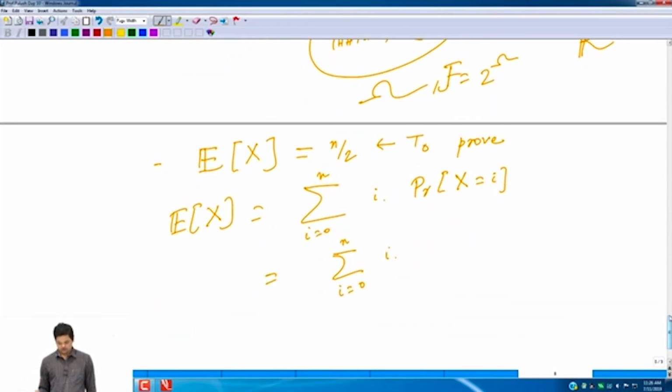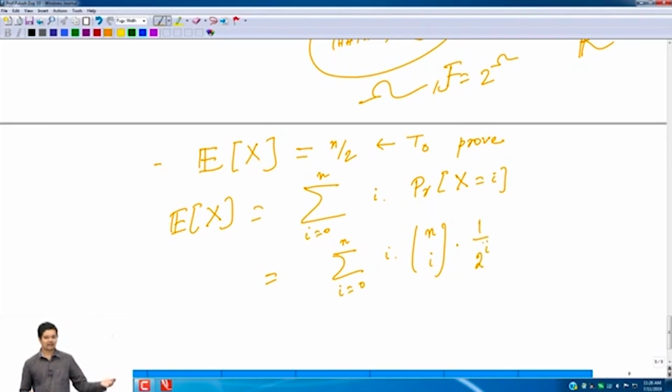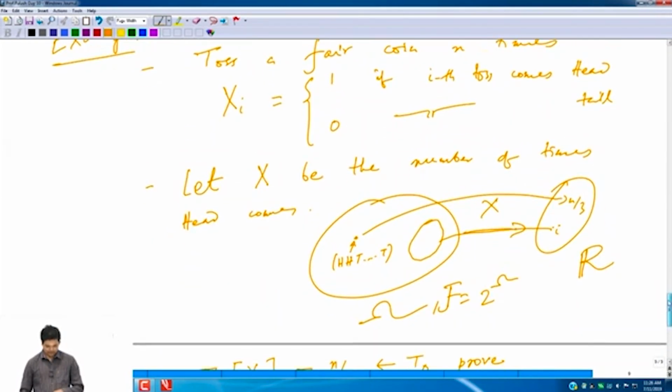Now i heads can come in n choose i possible places, because there are n tosses, and among those n tosses, i tosses should come up head, and the probability that those i tosses come up head is 1 over 2 to the i, and there are also n minus i tosses that should come up tail, and that probability is 1 over 2 to the power n minus i. I am just computing the probability of this set.